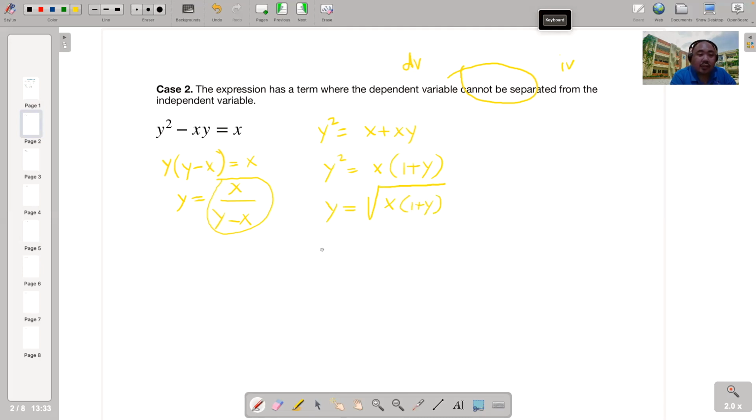You will notice that still there is a y here. You cannot isolate the y from the x's. Okay, so the expression is not variable separable. So in these cases, you're left without a choice but to use implicit differentiation.